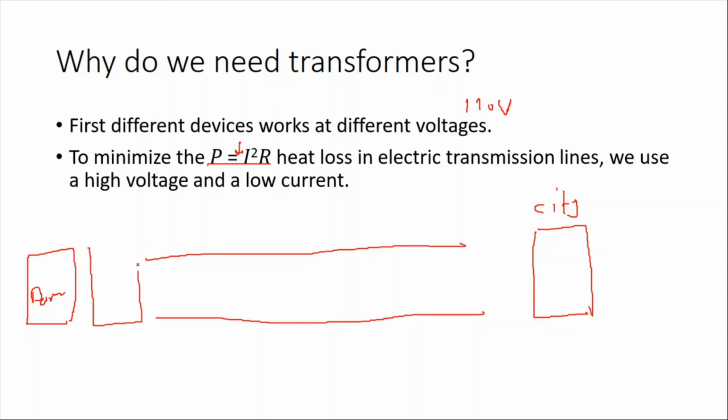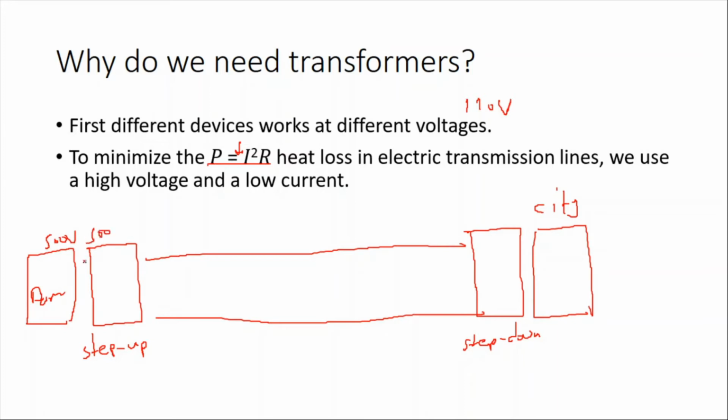That's why we use a step up transformer here, and at the entrance of the cities we are going to use a step down transformer. For example, assume the voltage produced in the dam is 500 volts.